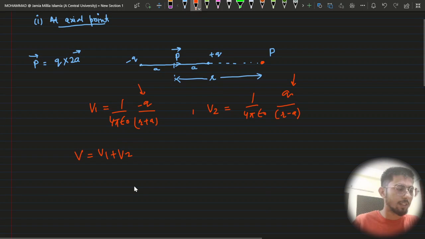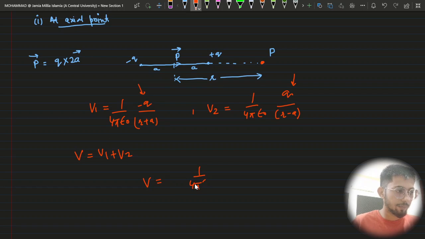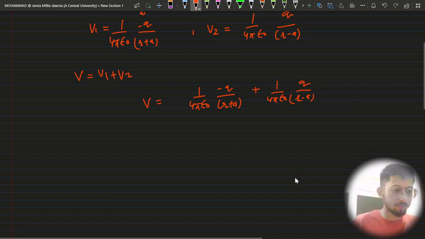Scalars we simply add, because the sign is already taken care of. We will not subtract, we will add with the sign. So V will be 1 by 4 pi epsilon naught into minus q by r plus a, plus 1 by 4 pi epsilon naught into q by r minus a, and you just need to solve it now.